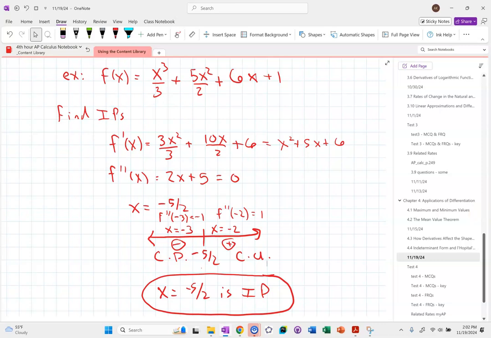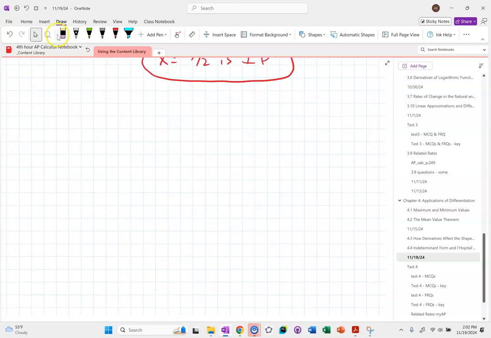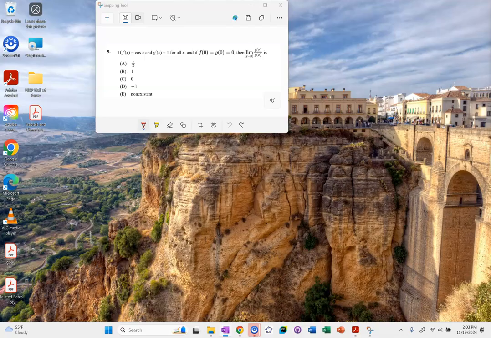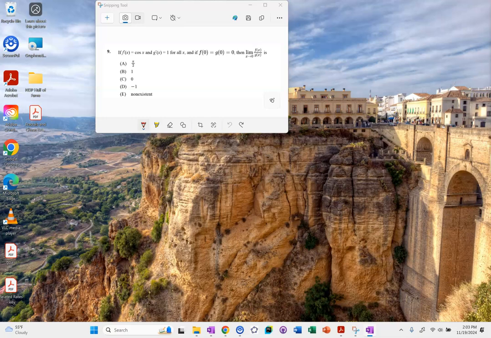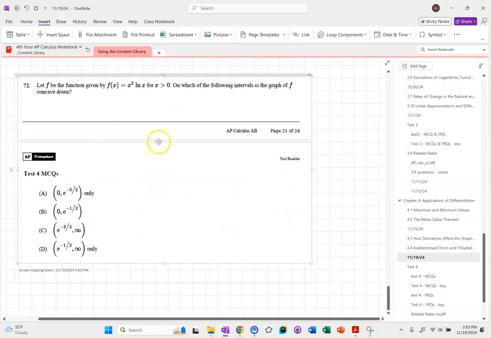It's a lot of multiple choices. There are some good ones in here, though. Let's look. 72. This is the one, right?